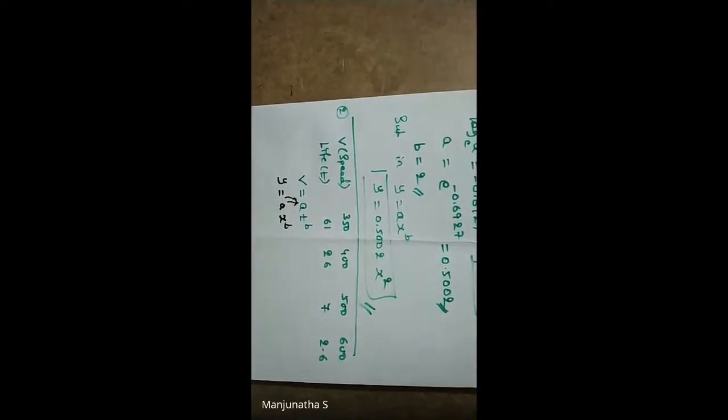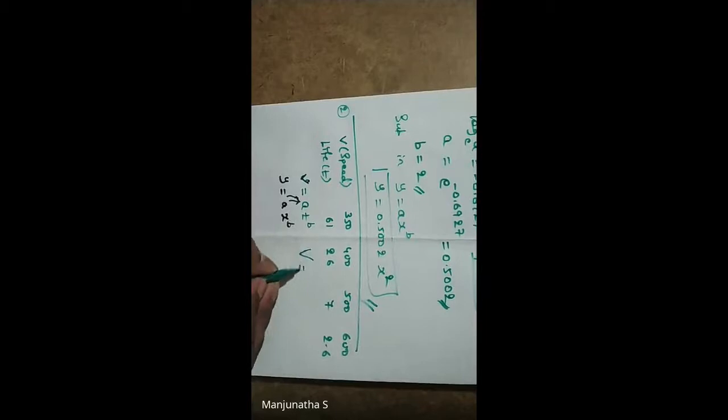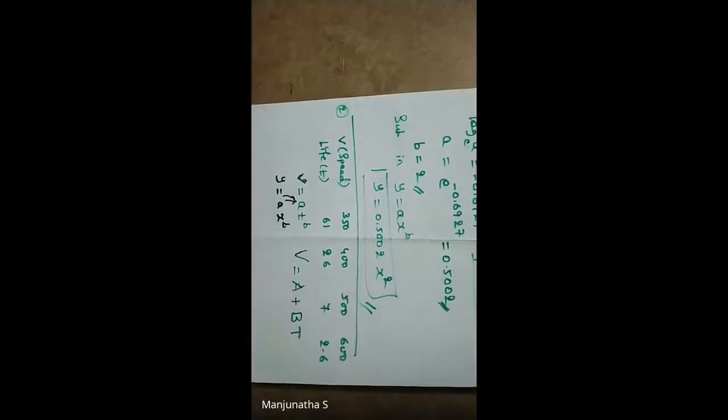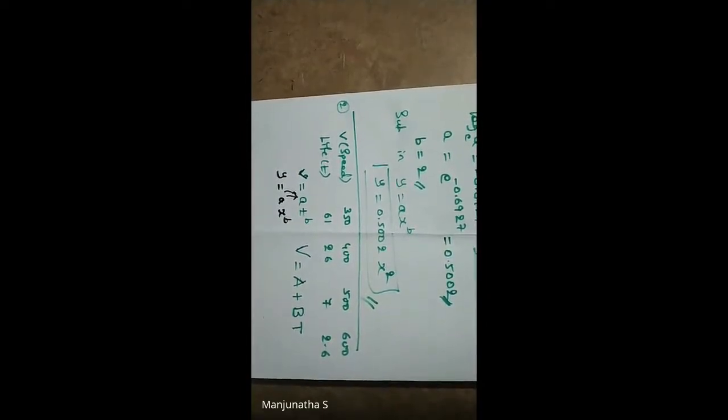So what we will get is capital V equal to A plus b dt. Like this you will get an equation. For this equation, you need to find the normal equations and get the values.